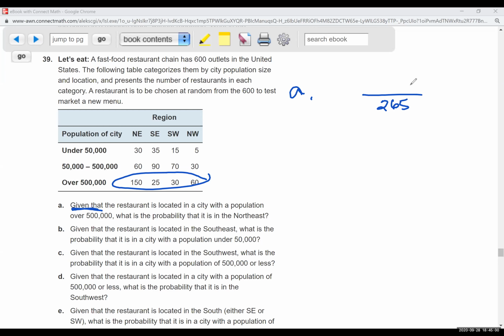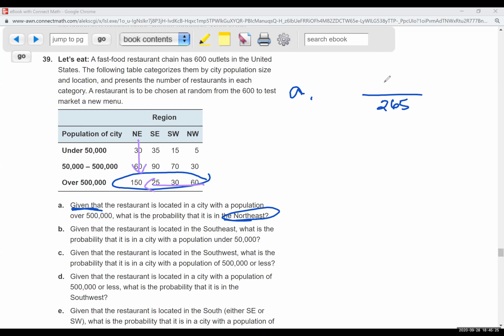30. Where did you get 30? Oh, I'm sorry. 150. Yes. Because that is Northeast and over 500,000.